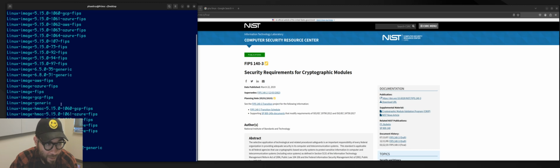Think of 5.15 and how many numbers are between that and 6.9.2. Because it is so new, there are certain things that don't exist yet within it from a security standpoint, but there are a lot of performance things that do exist in it.